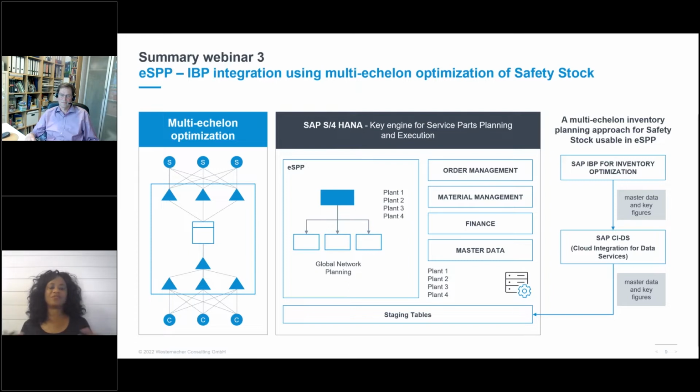It offers advanced capabilities for simulation, what-if analysis, and result comparison for safety stock calculation across the entire network. Customers then have a choice of either implementing simple inventory planning with eSPP, or advanced inventory planning via our integrated business planning for inventory.